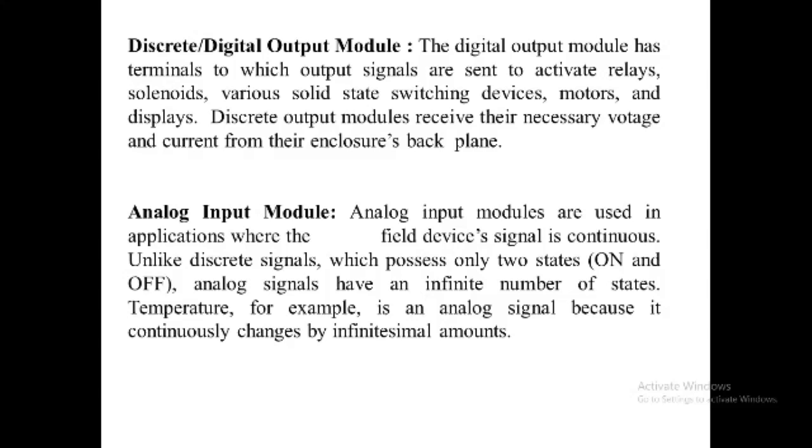And there is a metal oxide varistor, that is MOV, which limits the peak voltage to some value below the maximum rating. See here, this snubber and MOV circuit also prevents electrical noise from affecting the circuit operation.